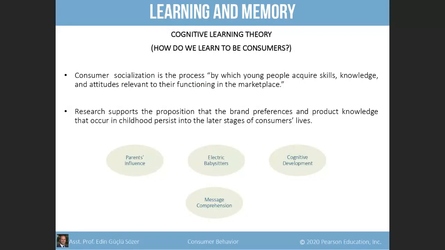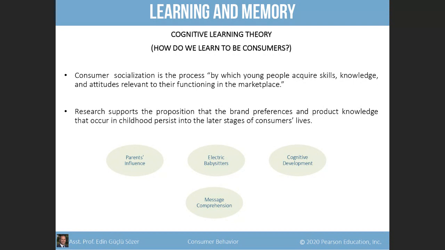Now, before going into the details of memory, I would like to inform you about being a consumer. So how do we become consumers? Of course, when we are babies, we start to consume things, especially food, etc. However, we are not rational, right?